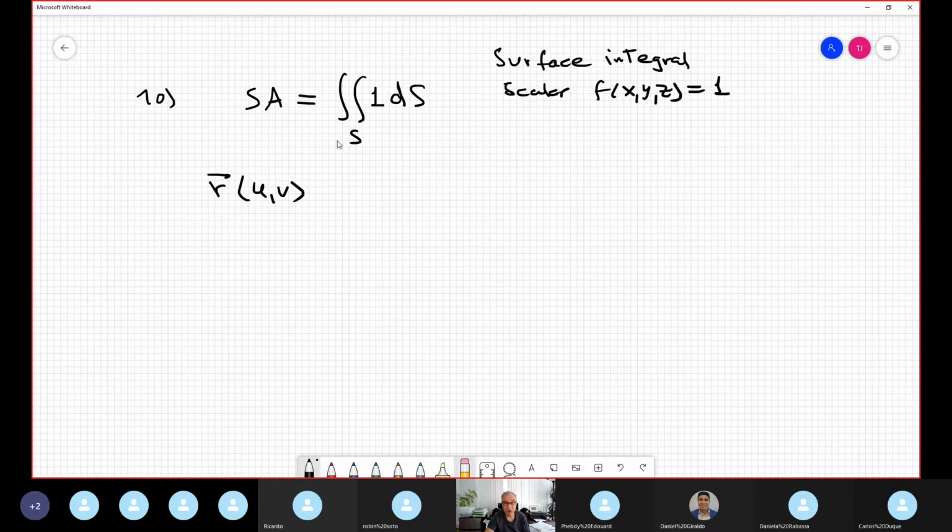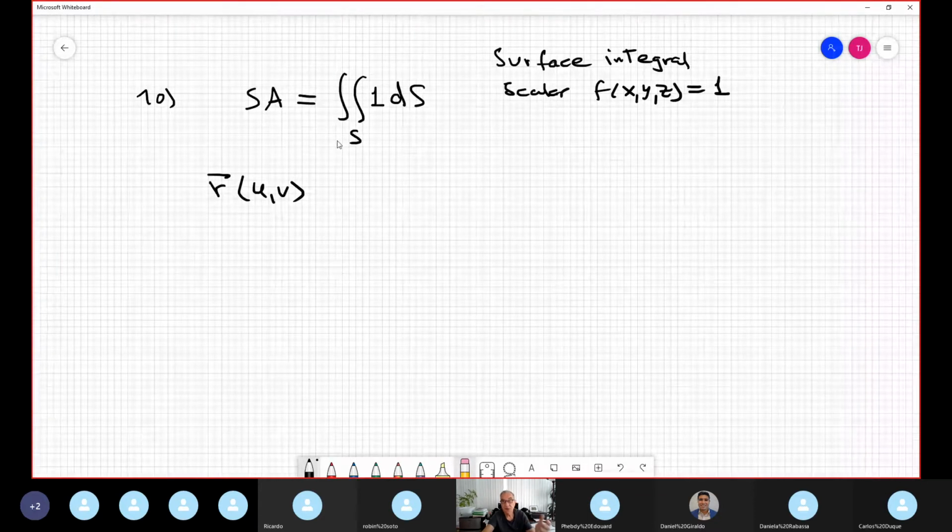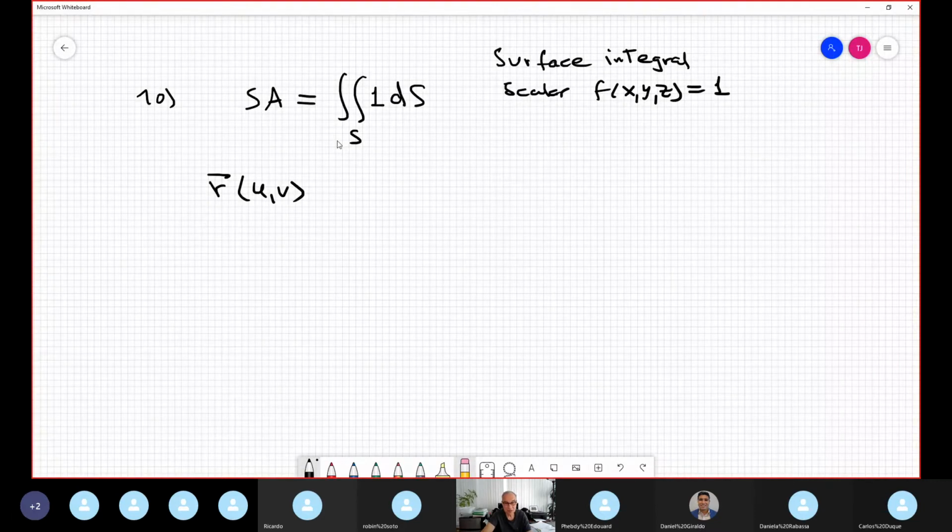Remember, sometimes when you are doing the parameterization of the surface, you apply one specific coordinate, x, y, or r, theta, because you apply cylindrical or spherical, phi and theta. But in this case, in general, like in a curve, the parameterization you call t, here I call u, v.